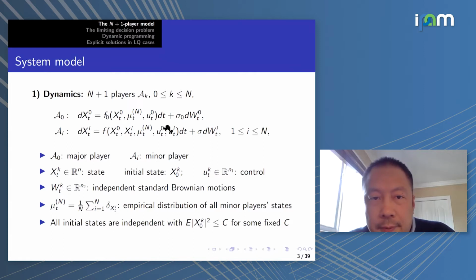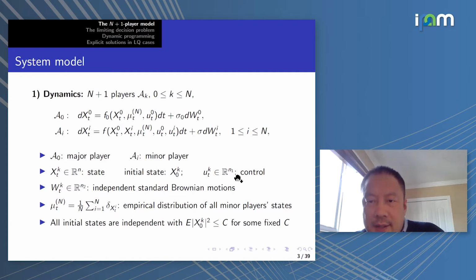So we have two state processes. Actually for the second part, we have n processes for the minor players. In the model, X_t^k is for the state of the individual players.